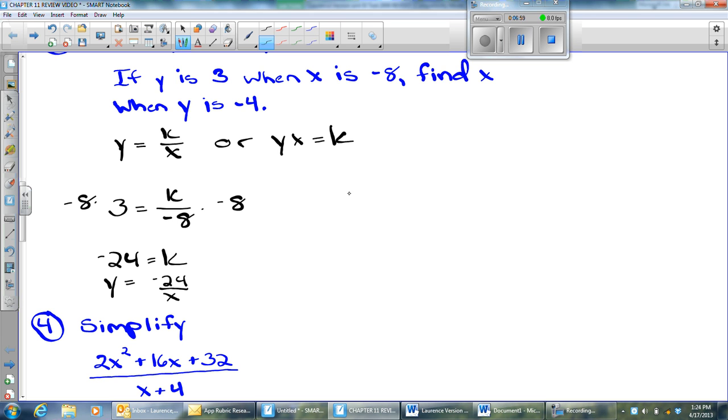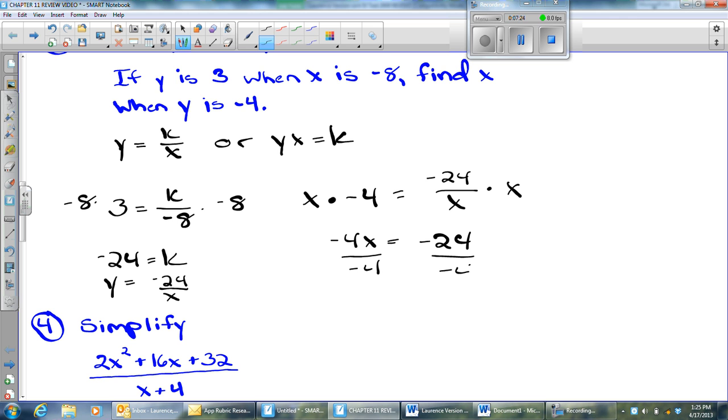So y is -4. My k is -24. And my x. So I'm going to multiply by x to both sides. I'm going to get -4x equals -24. Divide by -4.